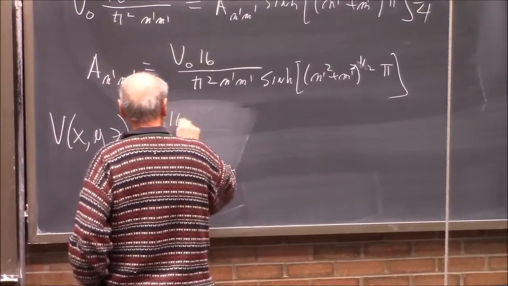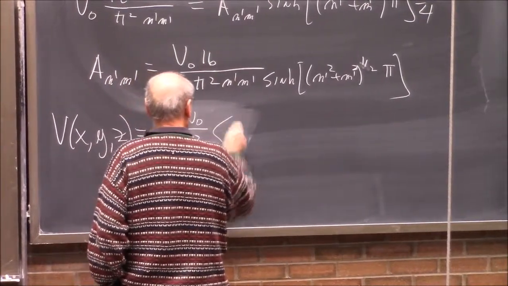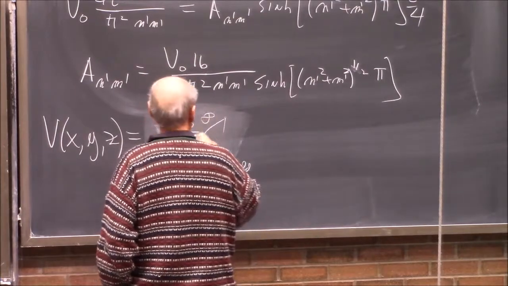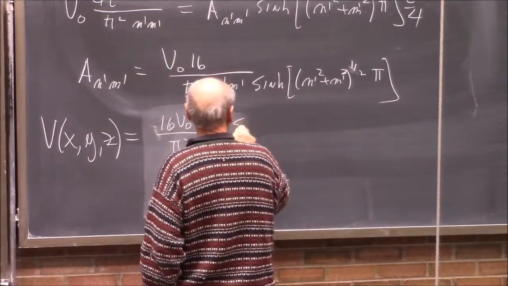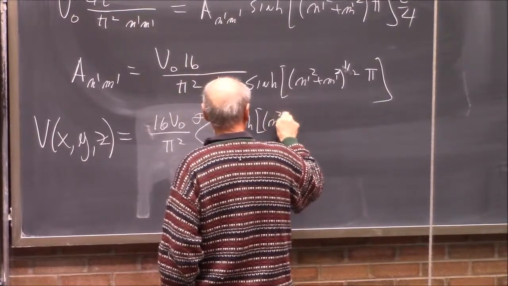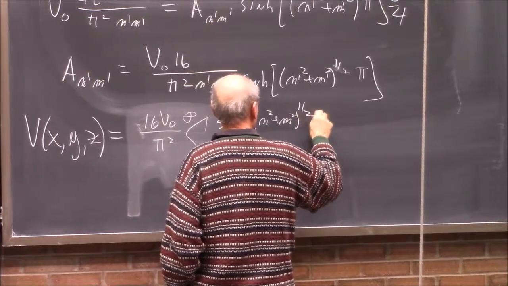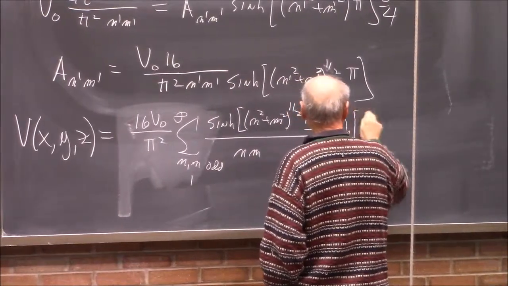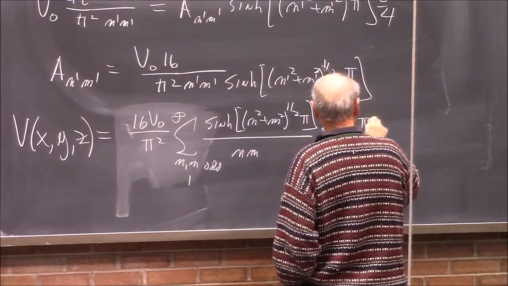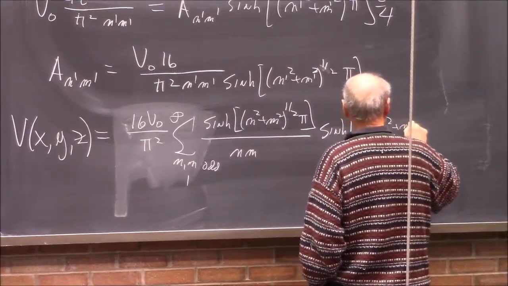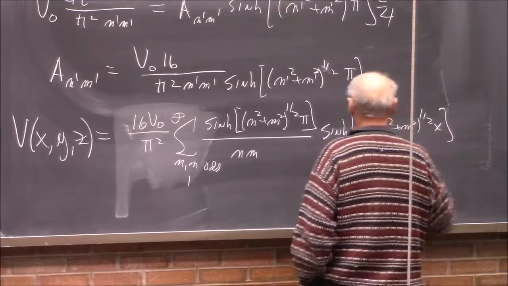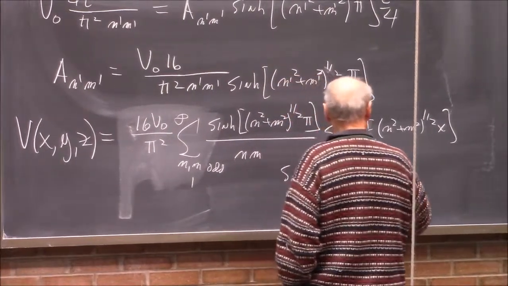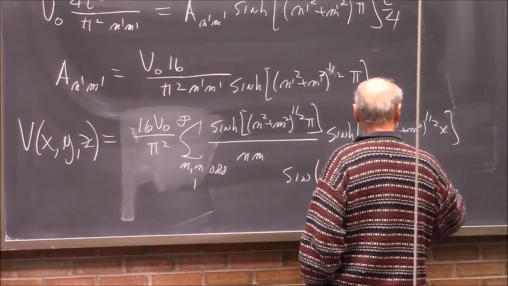So we have 16 v0 over pi squared, sum n and m odd from 1 to infinity of the sinh of the square root of n squared plus m squared, pi over n times m, times the sinh of pi over L times the square root of n squared plus m squared, x, times the sine of n pi over L times y times the sine of m pi over L times z.